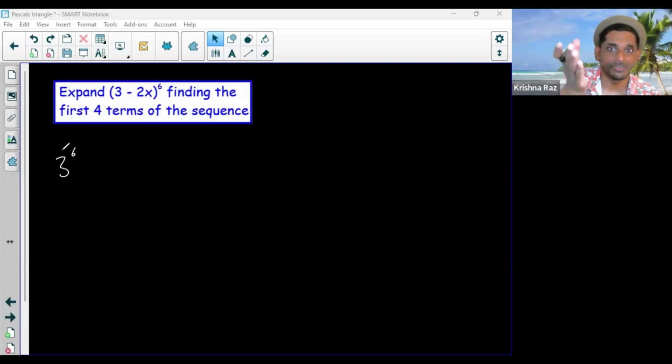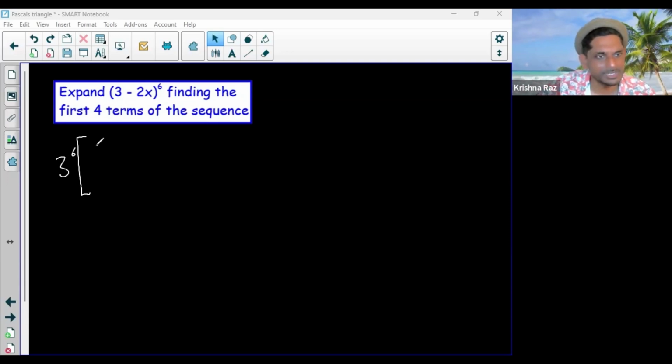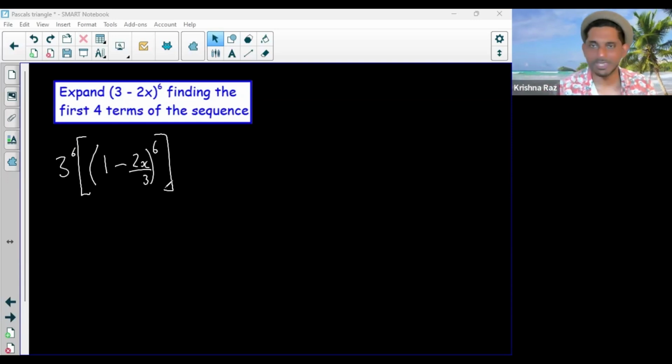And each term will have a descending power of 3 in there, from 3 to the power of 6, 3 to the power of 5, 3 to the power of 4, all the way down to 3 to the power of 0. So we're going to take that 3 to the power of 6 out. And what we're going to do is expand 1 minus 2/3 of x to the power of 6. That will always be the case when we see something like this. Well, that's how I'm going to encourage you to do it.